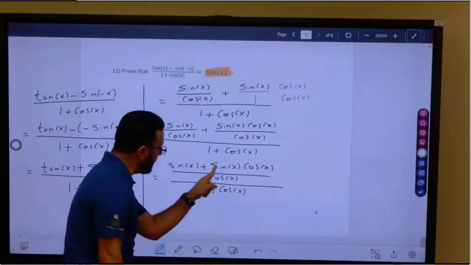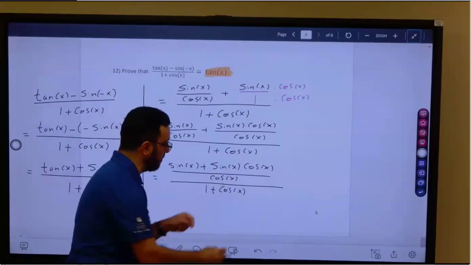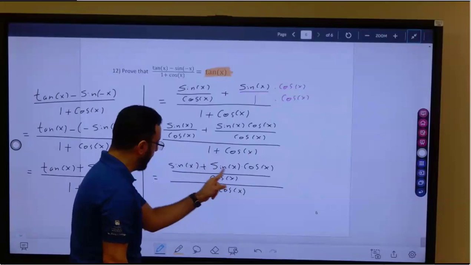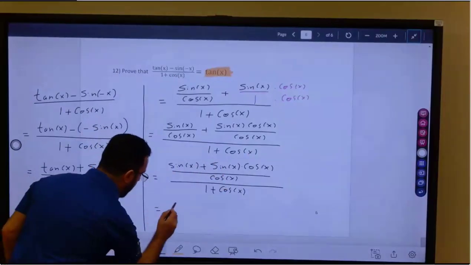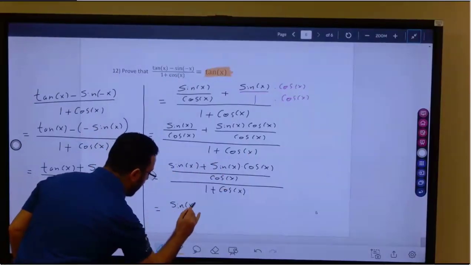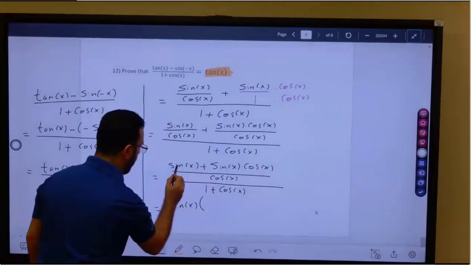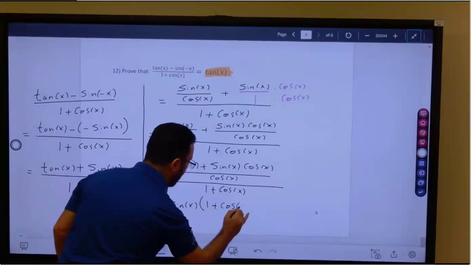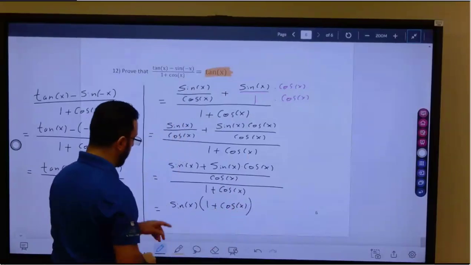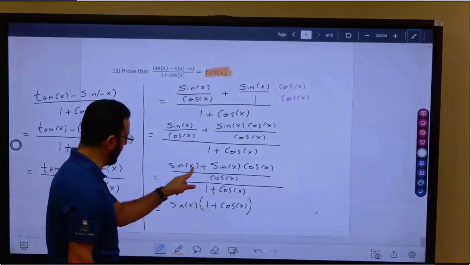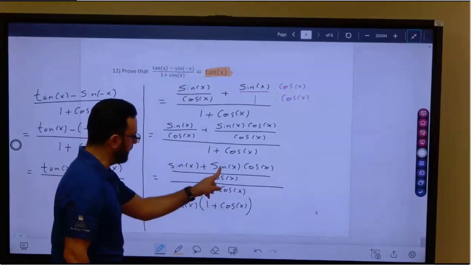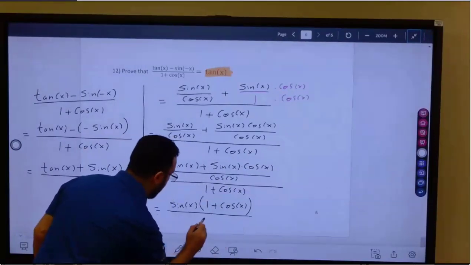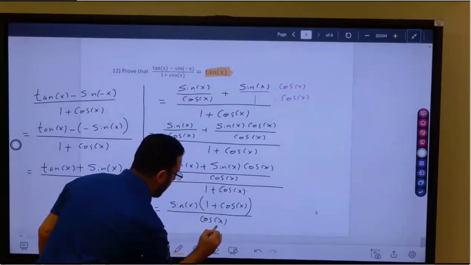You can't add sine with sine. Be careful, because there's multiplication here, but these two terms I can factor out sine x, and what's left is 1 plus cosine x. If you distribute, sine times 1 is sine x, sine times cosine is sine x cosine x, and everything here is divided by cosine x.